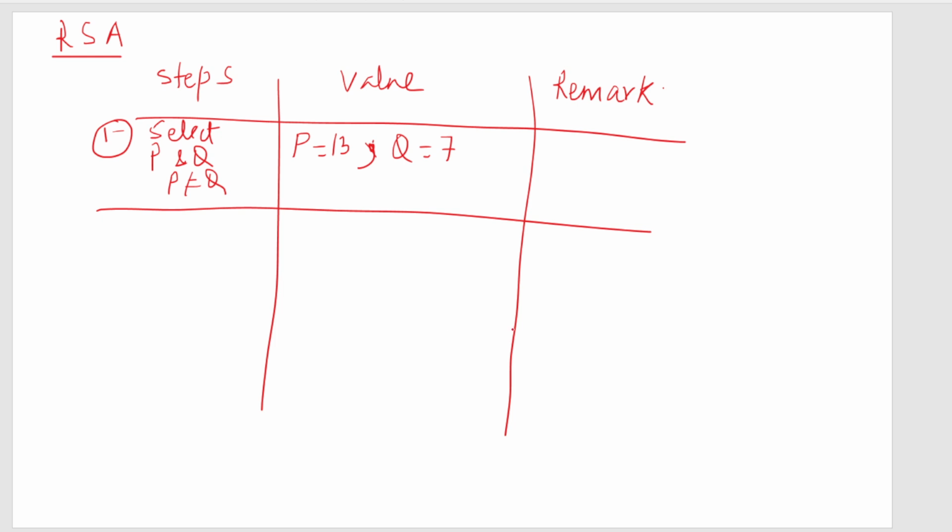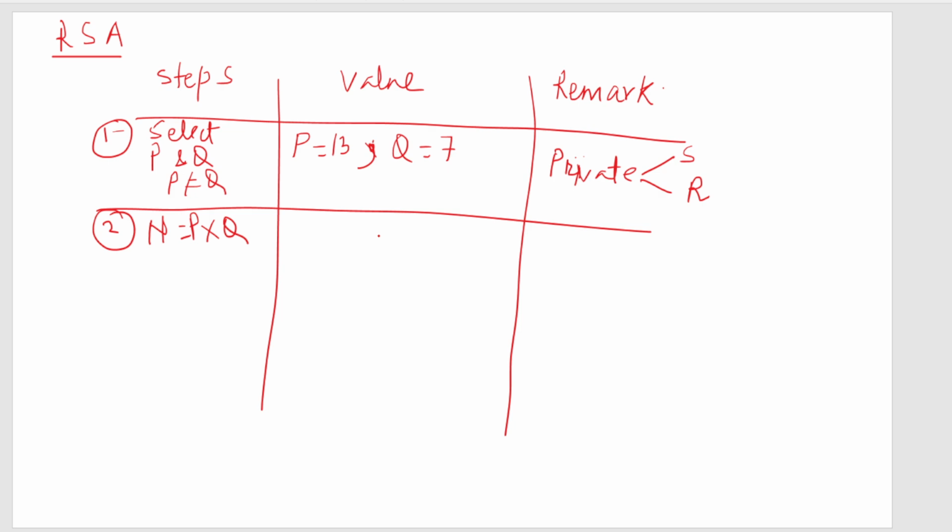So p and q are private to the users. So they are private variables. That means only the sender and the receiver know the p and q values. The second thing is, based on p and q, you calculate the value of n as p multiplied by q.